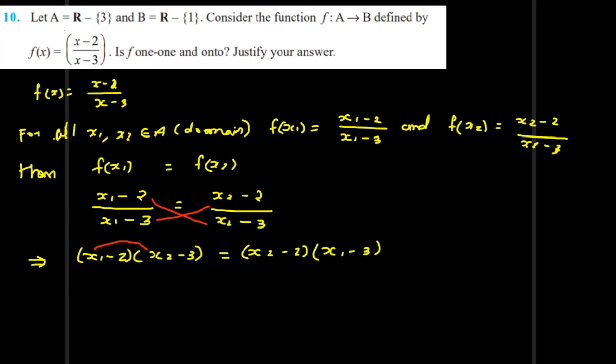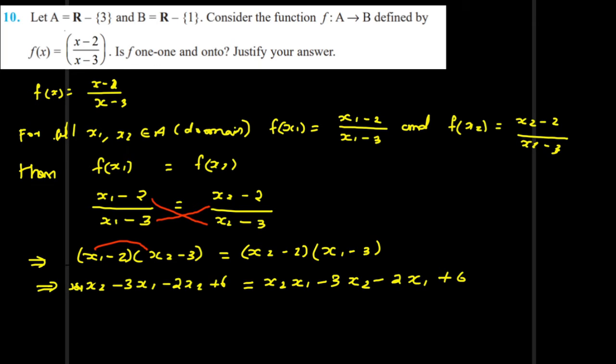So x1 into x2 is x1x2, then x1 into minus 3 is minus 3x1, minus 2x2, and minus 2 into minus 3 is plus 6, equal to x2x1 minus 3x2 minus 2x1 plus 6.